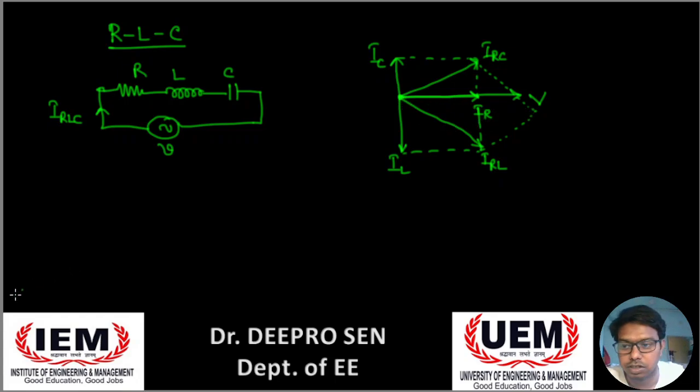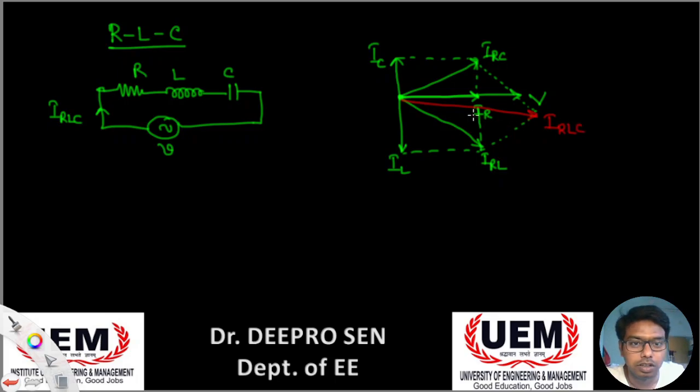It's better to take a different color in this case. Pardon my drawing, this will be your final phi, and this will be your final current. So IRLC will be like this, and this small angle phi will be your power factor angle.